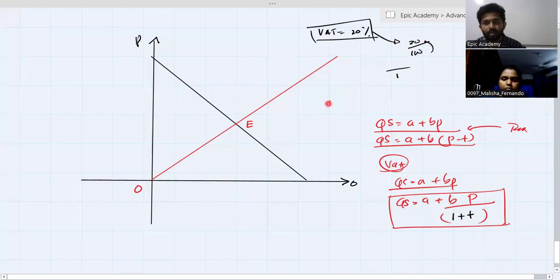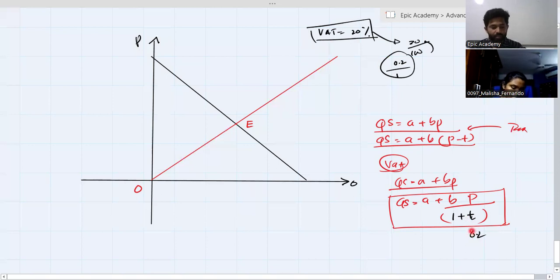If the value of the commodity is 1 rupee, what will happen to the tax? It must be 0.2. So here, we are going to put the value 0.2, not the entire tax. But in the unit tax calculation, you put the entire tax value. Here, we are not going to do something like that.